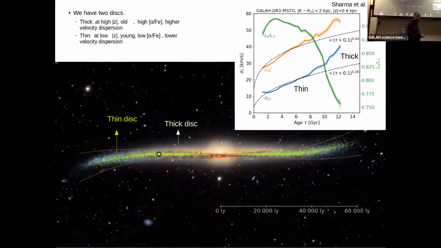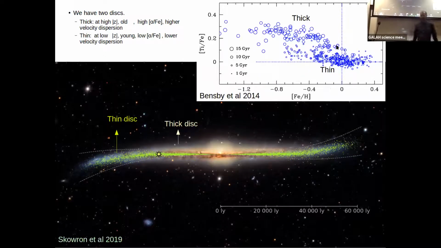If you plot in the solar neighborhood the velocity dispersion as a function of age, you can see there's a break at around 8 to 10 gigayears, suggesting that the thick disk is special and might have a different origin. Now, if you look at the alpha over Fe plane, there also you see this dichotomy, two sequences, the high alpha sequence and the low alpha sequence with a gap in between, again suggesting something special about the thick disk.